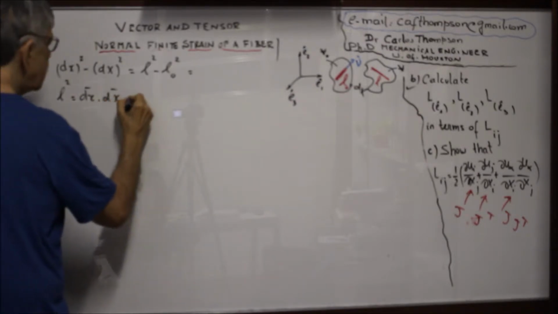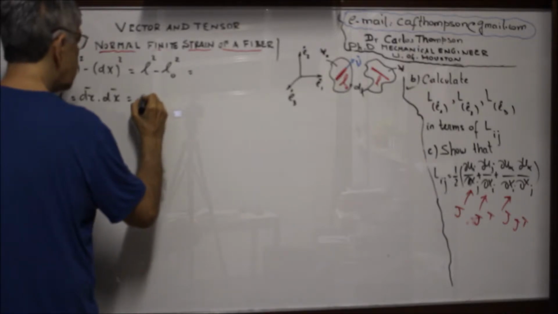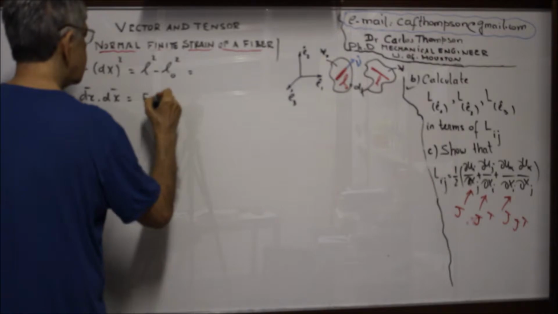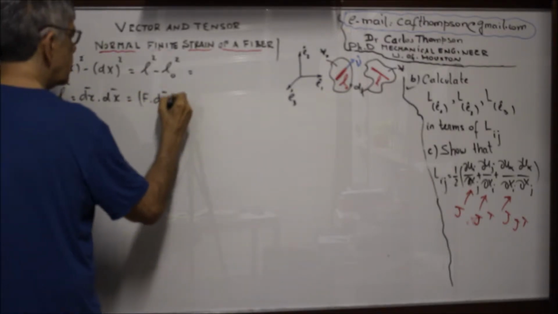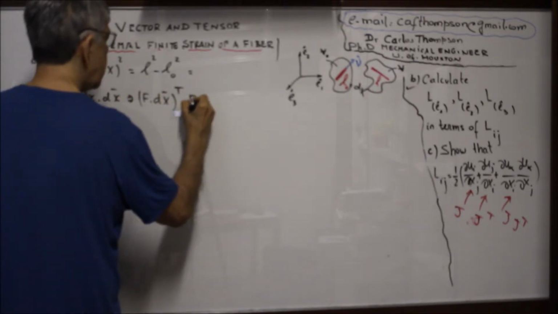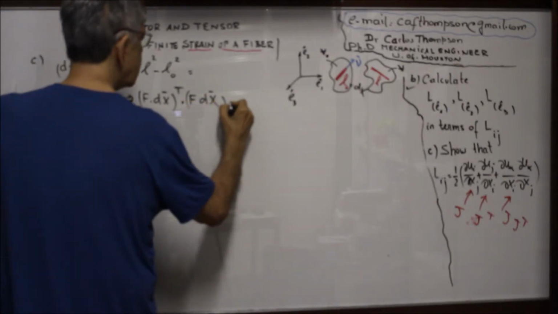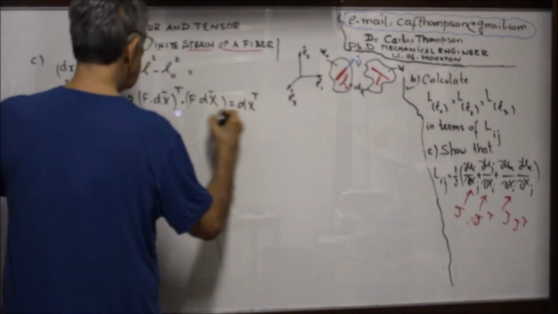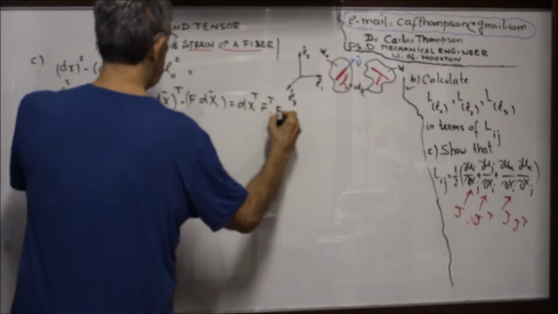This is F dot dX. Now transpose, dX transpose F transpose dot F times dX.